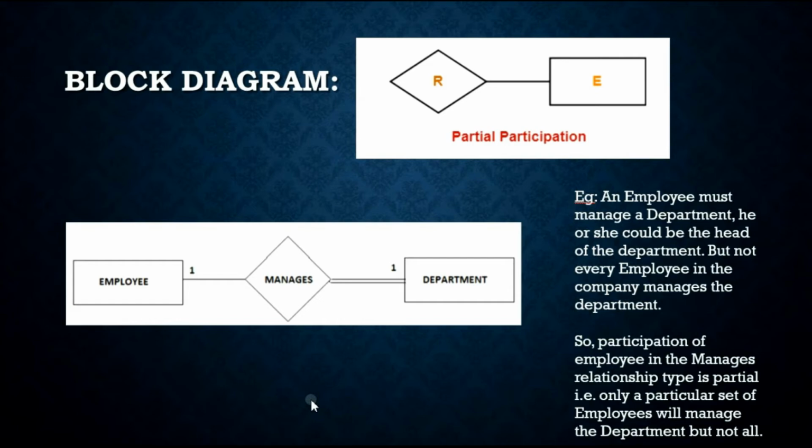The number of employees will be greater than the number of departments, because of which an employee from one department is chosen to manage that department. For example, we have a number of faculty, and among them we have an HOD. An HOD is one who manages and is the head of that particular department. At the same time, not all the faculty are managing a department.